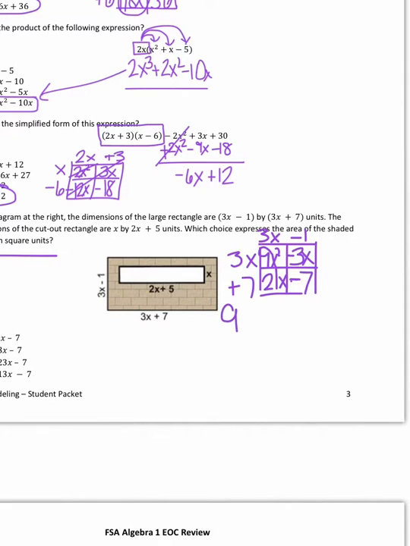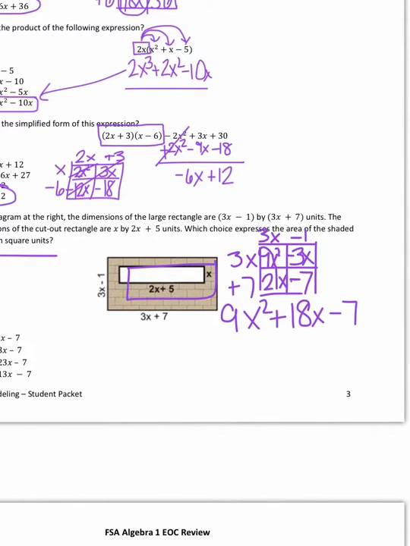So I have 9x squared, and then I have 21 minus 3, which is 18x minus 7. So next, we're going to find the area of this cutout.